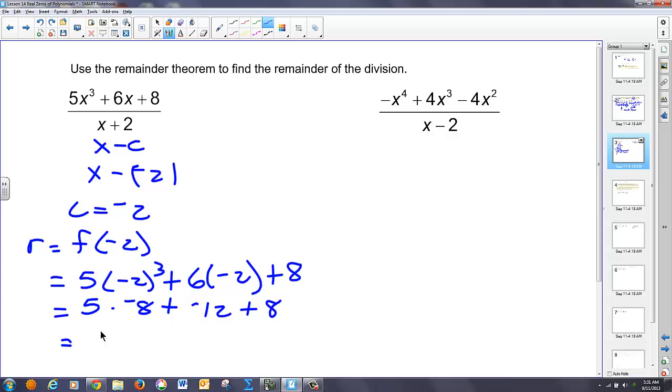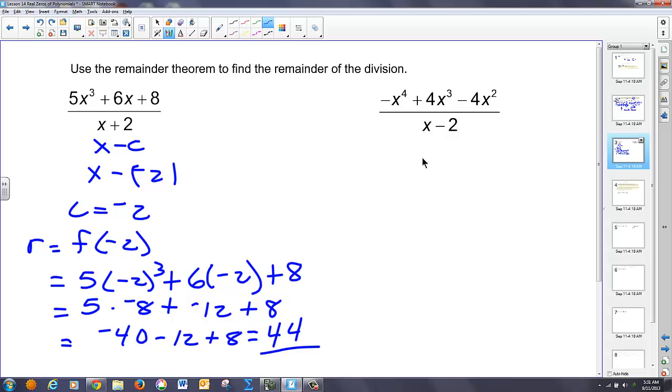Leaves me with negative 40 minus 12 plus 8, which is going to give me negative 44. And that's the remainder of my function.